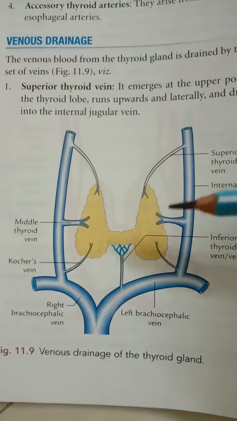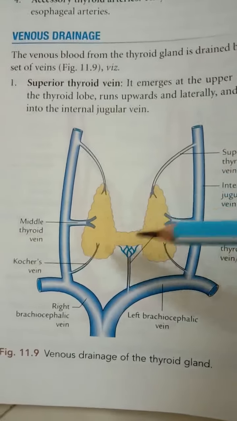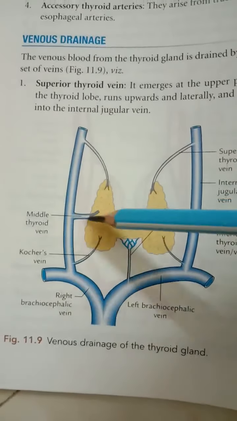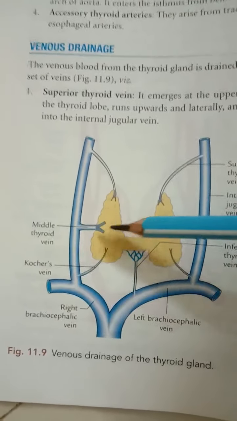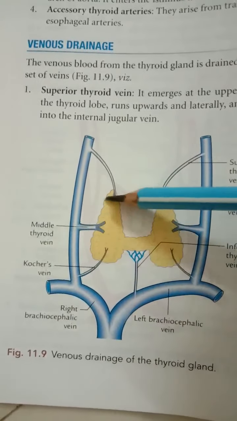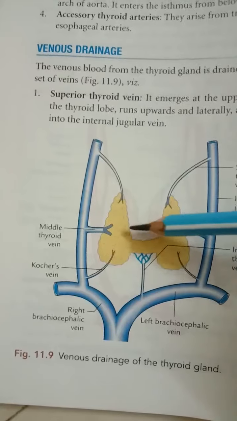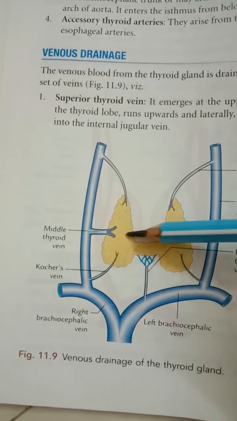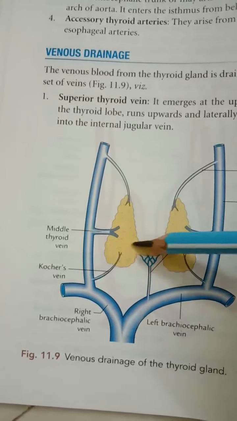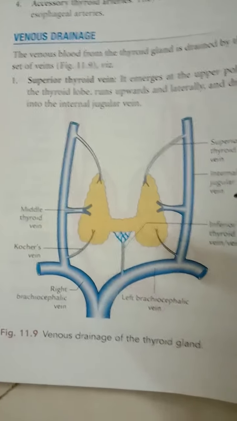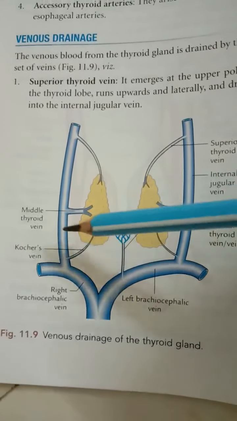Then the second one, the middle thyroid vein. It is a short, wide venous channel that emerges from the middle of the lobe of the thyroid gland, and enters the internal jugular vein.